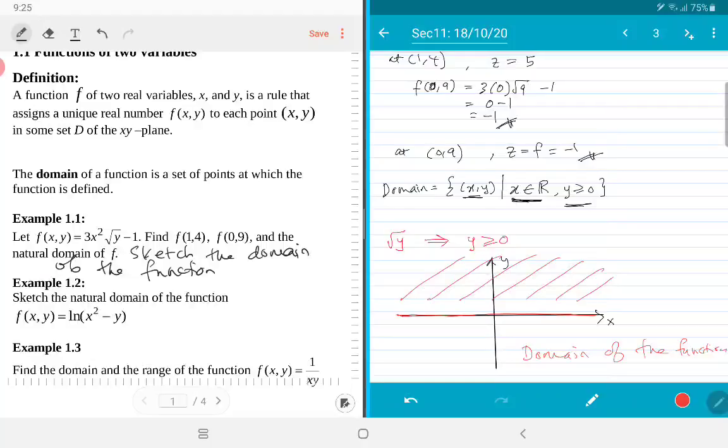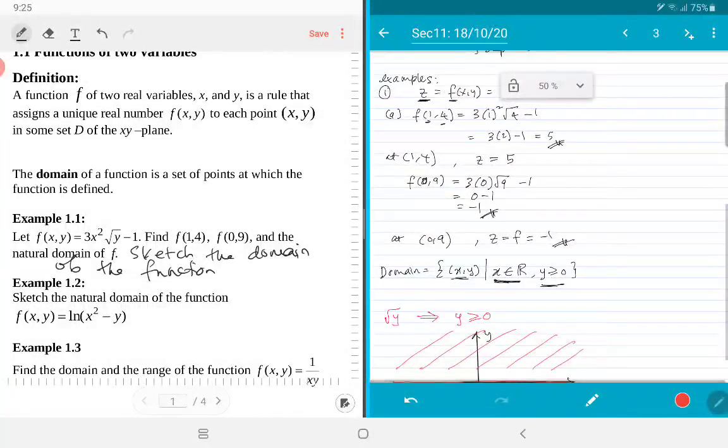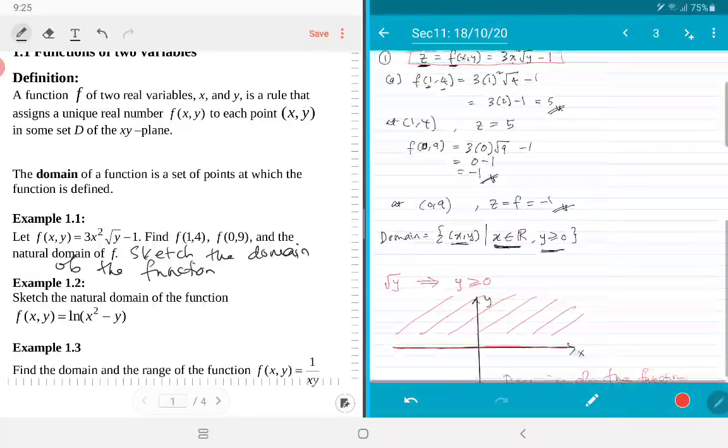Okay, that is example 1.1. So we looked for the values at 2 points, 1, 4, 0, 9, and we also determined the domain of the function.